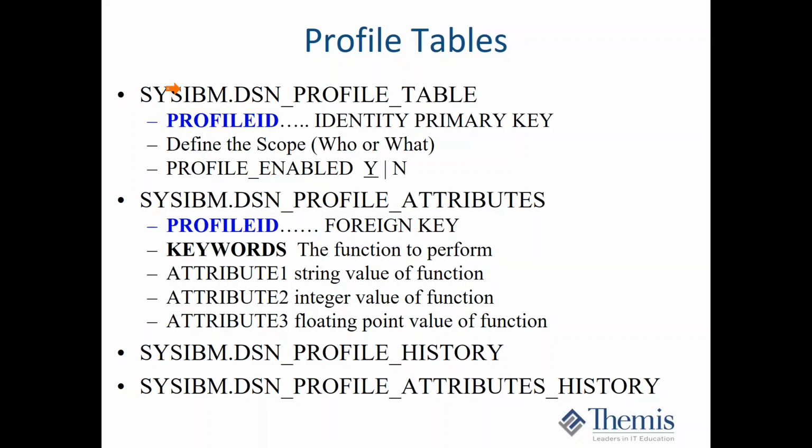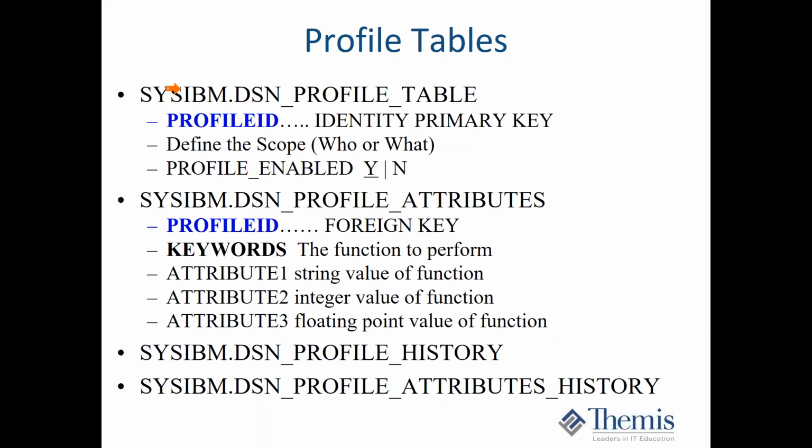Then after you define who, you're going to tell Db2 what you're going to monitor or what you're going to do, by inserting one or more rows in the profile attribute table. And yes, you can have more than one attribute row for each profile you set up.